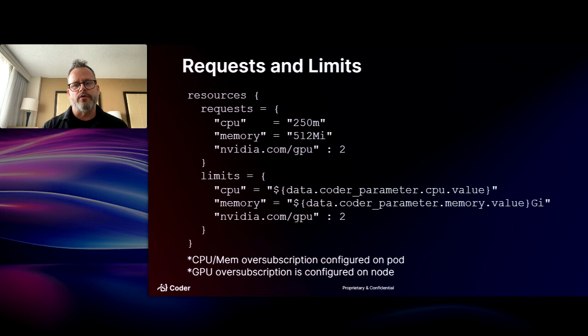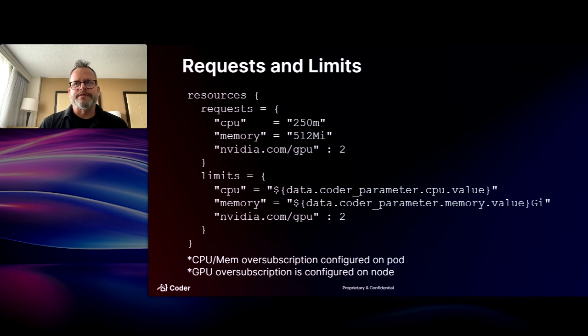You can't oversubscribe your GPUs that way. That happens at the platform level, and your mileage may vary on that. I've tested it. It works for what I do. I don't know if it would work for what you do, but there are ways at the platform level to allow GPU sharing.